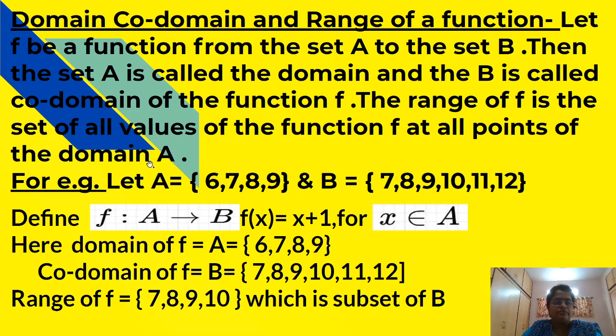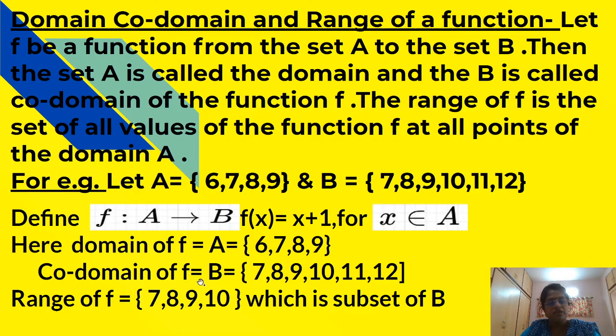For example, let A is equal to {6, 7, 8, 9} and B is equal to {7, 8, 9, 10, 11, 12}. Define f from A to B as f of x is equal to x plus 1 for x belonging to A. Hence, domain of f is the set A which will contain 6, 7, 8, 9.